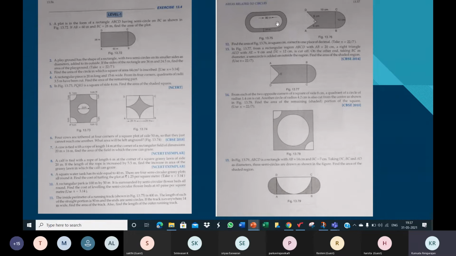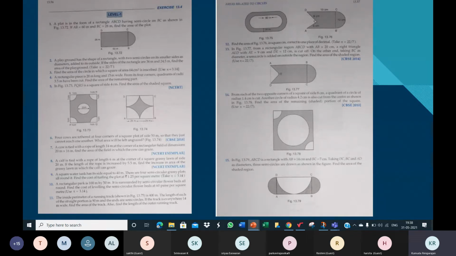What's the value of small r? 35 meters. 400 minus 180 is 220. Yeah, r is 35. Small r is 35 meters.